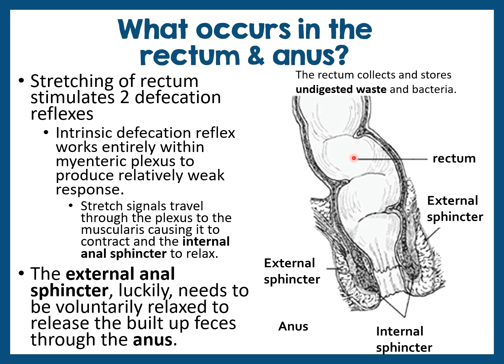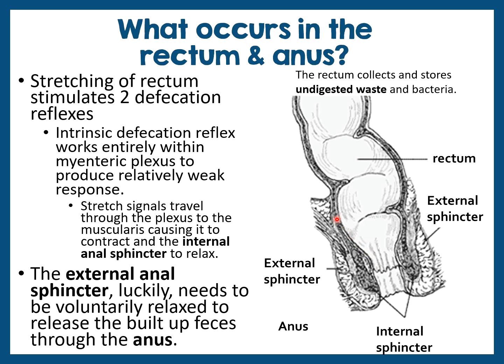And so as the rectum stretches, it's going to be detected by these stretch receptors that are in the plexus. And that stretch signal will travel through the plexus to the muscularis, causing it to contract. And that will in turn cause the internal anal sphincter to relax, right?